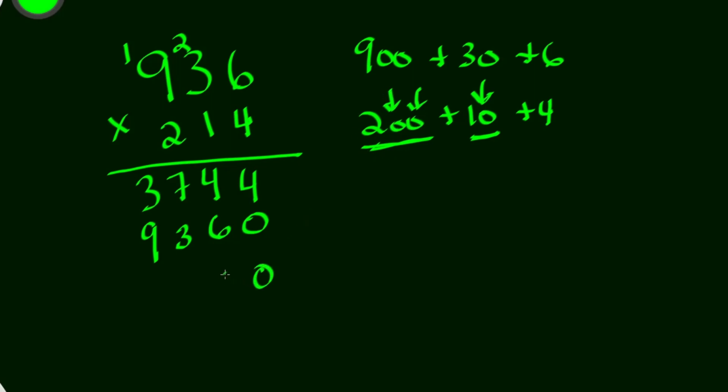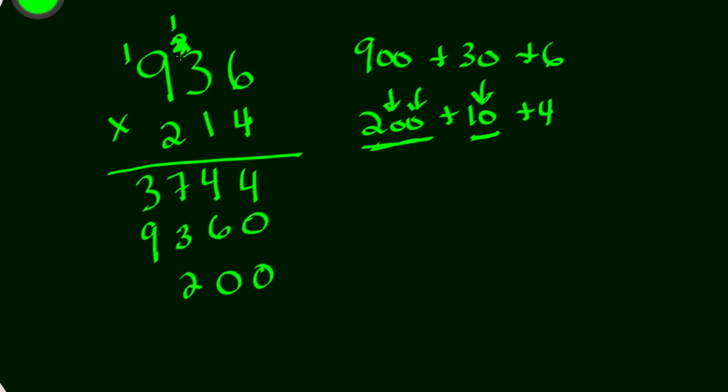1 bomb, 2 bomb. Because what is this really communicating? This isn't actually communicating 2 times 6. This is actually communicating 200 times 6. 2 times 6 is 12. 200 times 6 is 1200. So I put the 2 here because 2 times 6 is 12. Cross out that. No longer need that one. That's from a previous one.